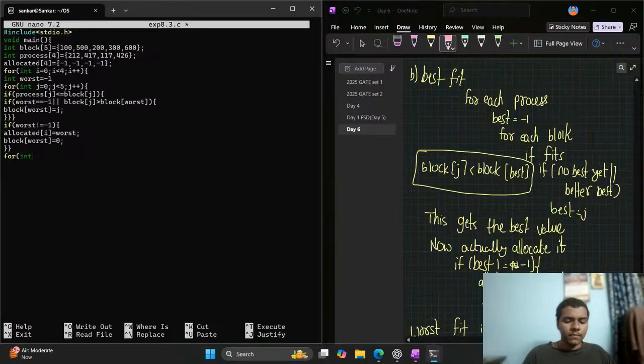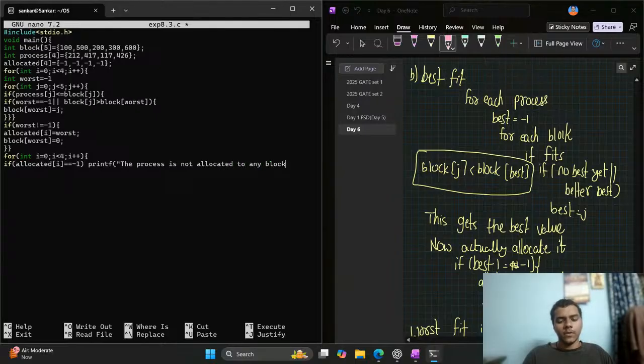Now, if allocated of I is equal to -1, then printf the process is not allocated to any block, backslash n. That's it.